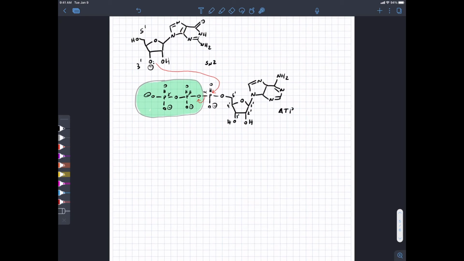I will say that there is some evidence that instead of being an SN2 mechanism, this proceeds via an addition-elimination mechanism, kind of like carbonyl chemistry. That is, there is some evidence for a pentacoordinate intermediate in which this phosphorus is still bonded to those 4 oxygens and to that one.